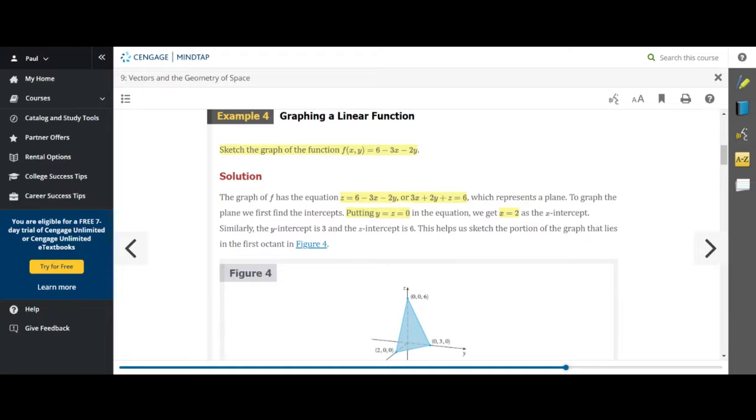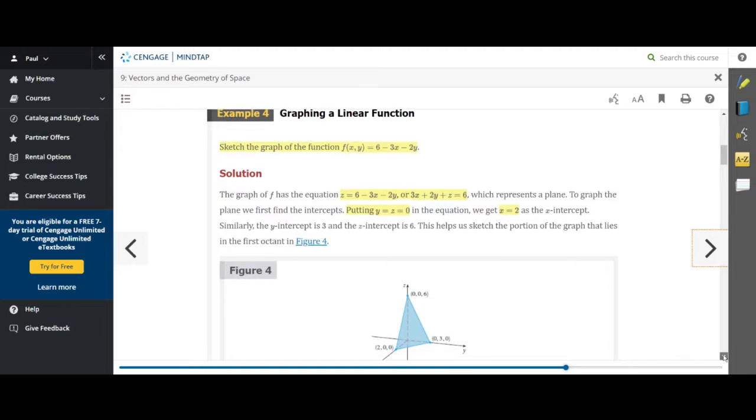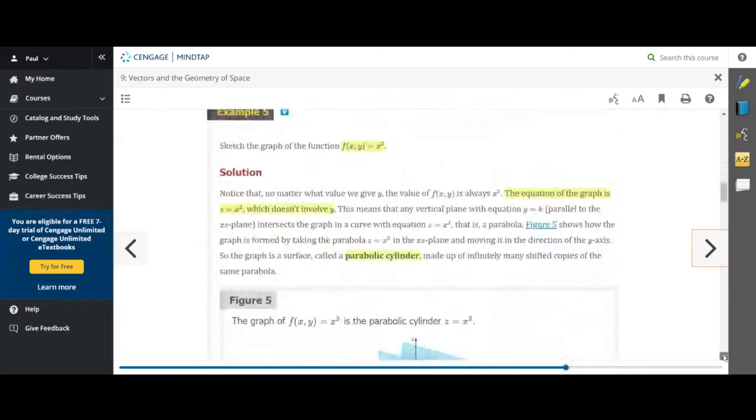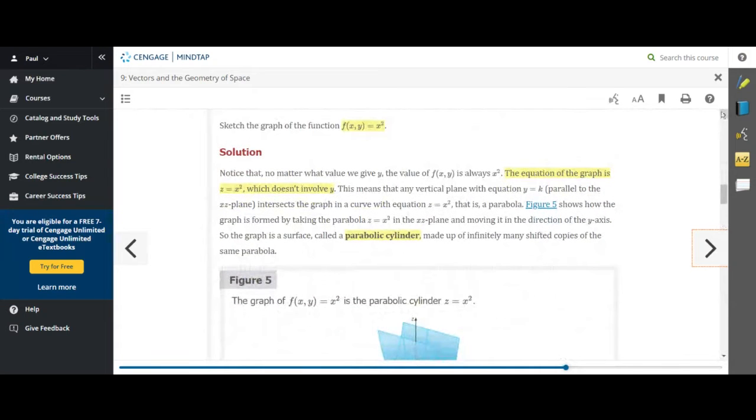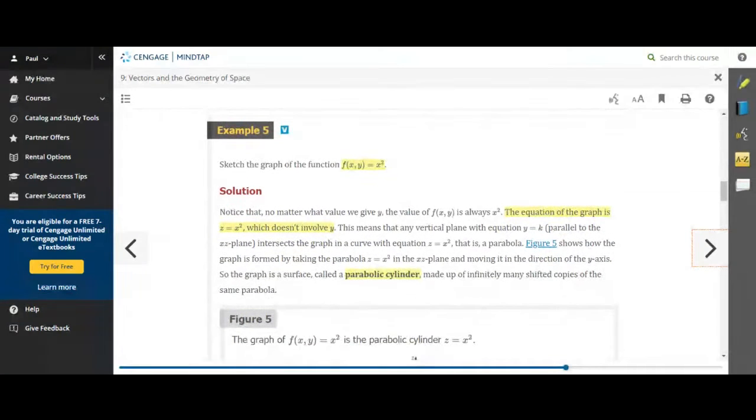Okay, well, let's look at example 5. They want you to sketch a graph of this function, where f of xy equals x squared. Now, normally you're used to that being a parabola, right? But this is a function of 2 variables, and you're saying that equals x squared. So it doesn't involve y.